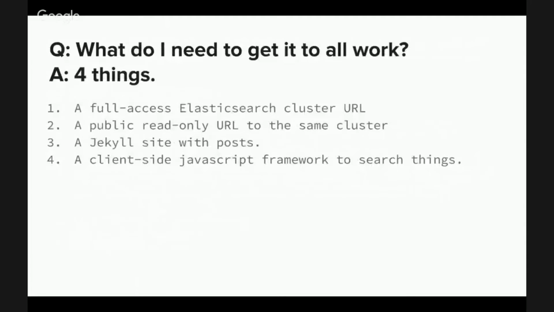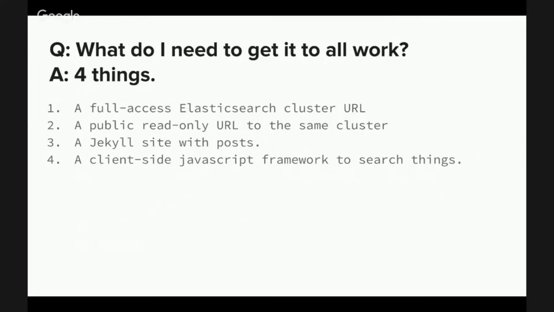Okay, so the things that you need to add Elasticsearch and to use Searchable with your site: you need a full access Elasticsearch cluster URL. You can get that from a provider, or you can host it yourself. It's devilishly hard to host, so power to you if you're doing that.